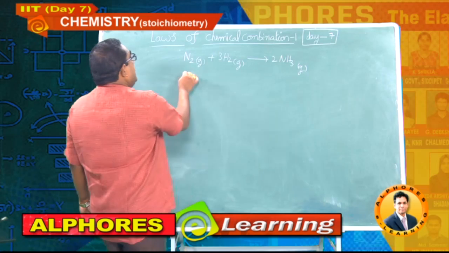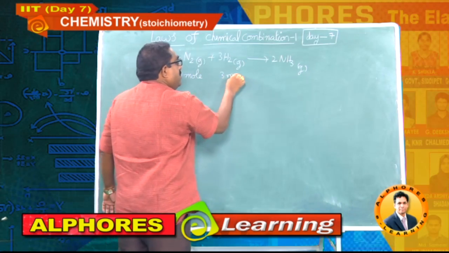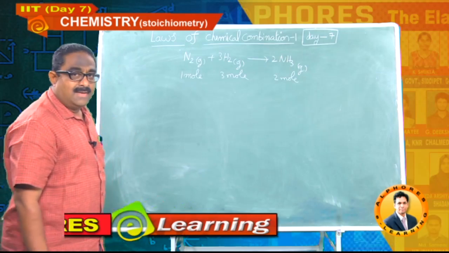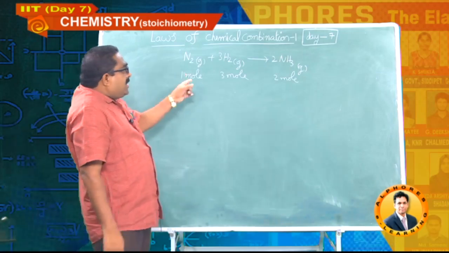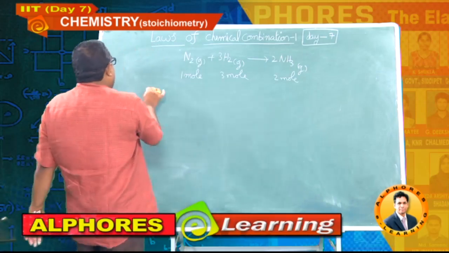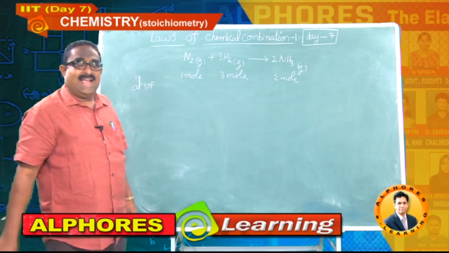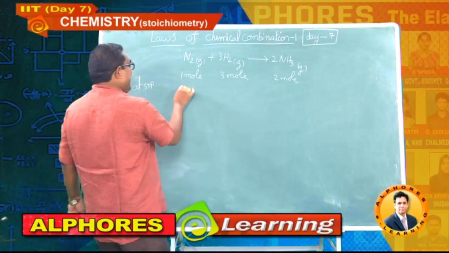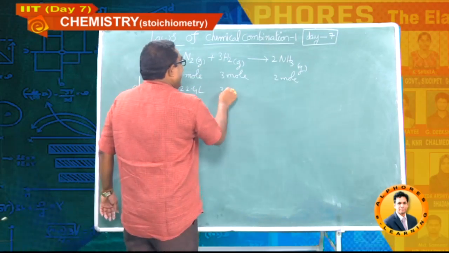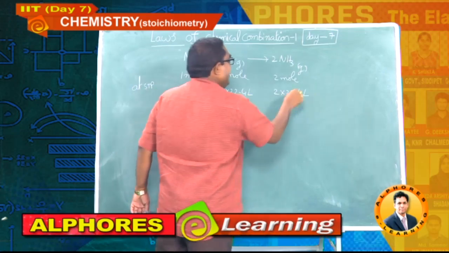Okay, observe here. So you can simply say 1 mole, 3 moles, 2 moles. I am going to incorporate Avogadro's law also here. Say for example, if you take at STP, tell me what we can write here according to the GMV concept. Yes, you can write, students, 22.4 liters here, 3 into 22.4 liters here, 2 into 22.4 liters here.